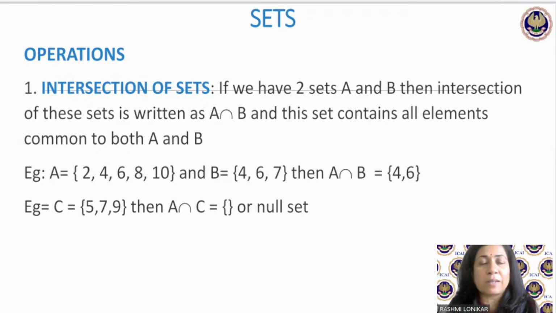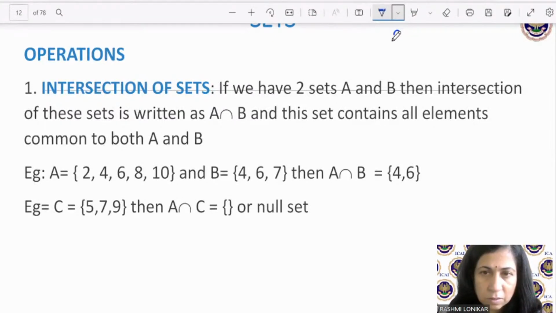If I am writing one number from one set, I will not write it again for the second set. Once I've written it there once, it is going to be there. I cannot have something like this; you will have only this.